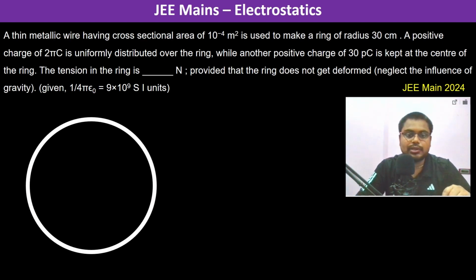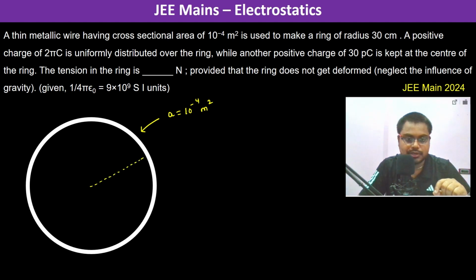A thin metallic wire having cross sectional area 10 to the power minus 4 meter square is used to make a ring of radius 30 centimeter.